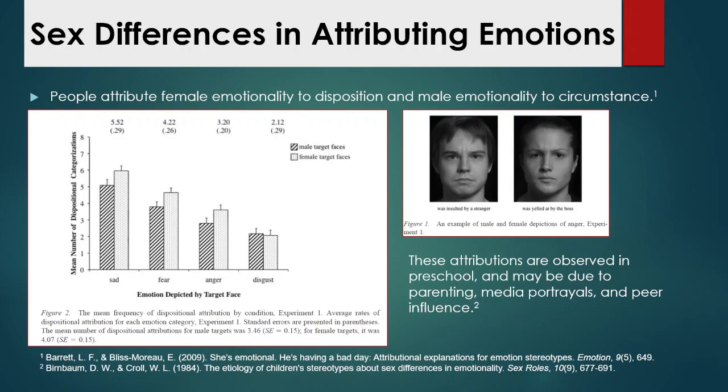So they tested a bunch of different hypotheses in this 1984 study: parenting differences as measured by observations with families, media portrayals, assessing really common things preschoolers consumed from TV, and peer influences, how the peers talked about it. All of these played a role in helping to solidify this stereotype that female emotions are due to dispositions and male emotions are due to circumstances.